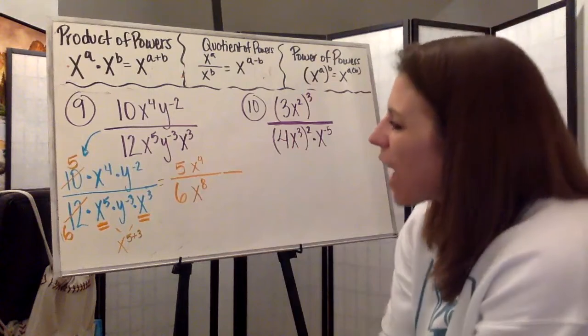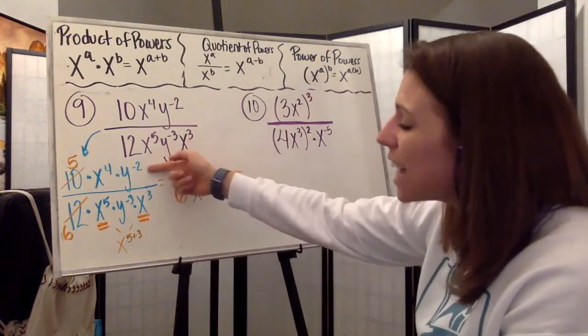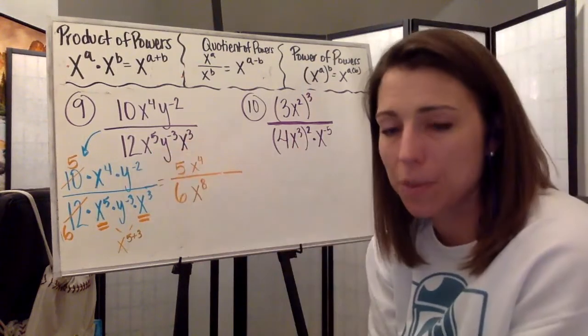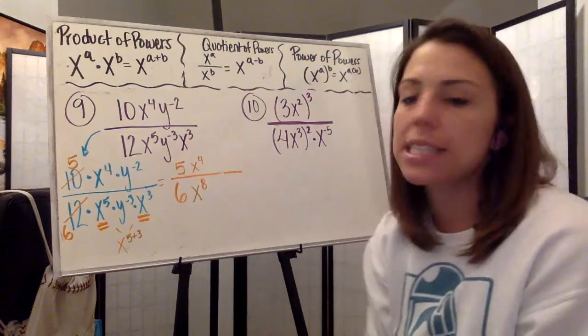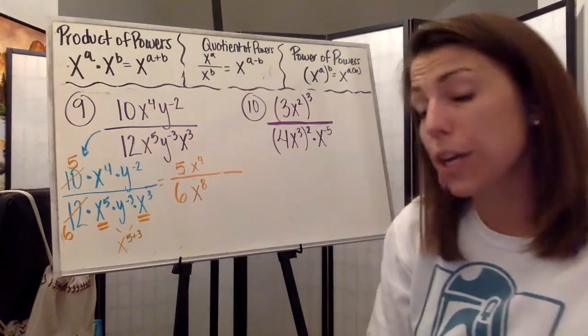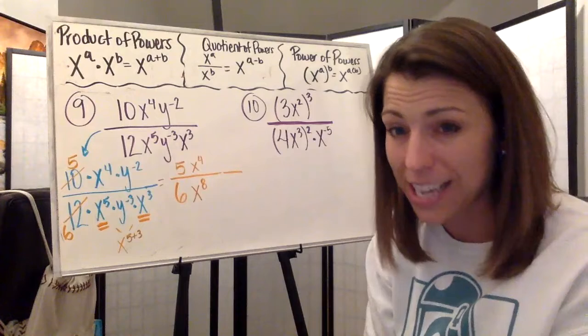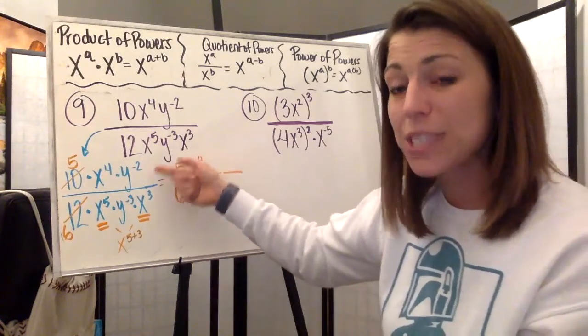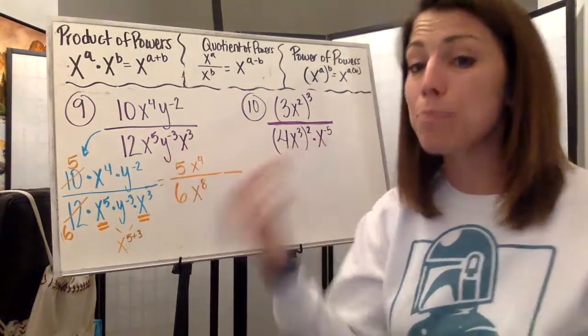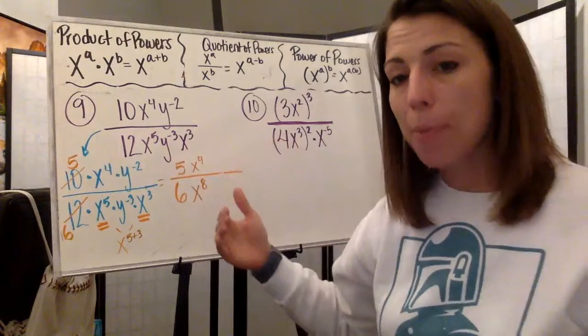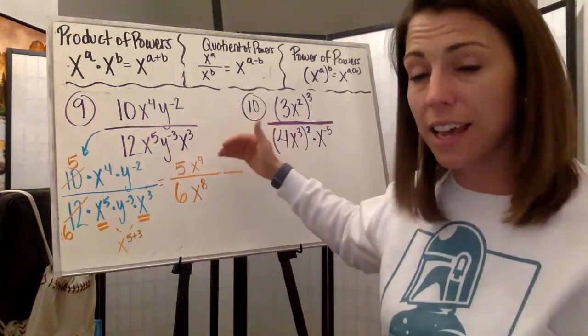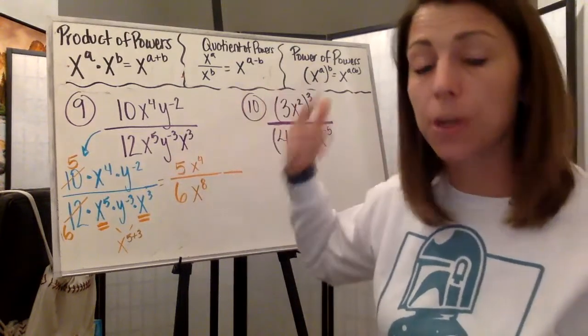Ooh, and then I've got y to the -2 and y to the -3. Well, let's think about it. Which one is technically greater? I know it seems like 3 is larger, and it is, but -2 is greater than -3, which means you'll always end up with more in the area where the exponent's greater.